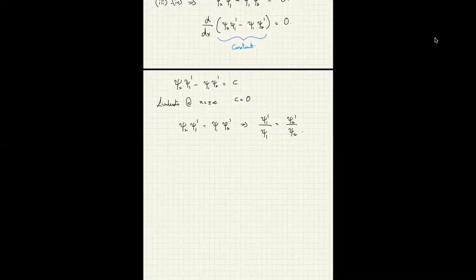And I can trivially integrate this first order differential equation to show that psi1 of x is equal to some constant times psi2 of x. So in other words, if I start with the assumption that psi1 and psi2 are two wave functions that each correspond to the same energy eigenvalue E, then I finally land up with the assertion that these two are equal to each other up to a constant.